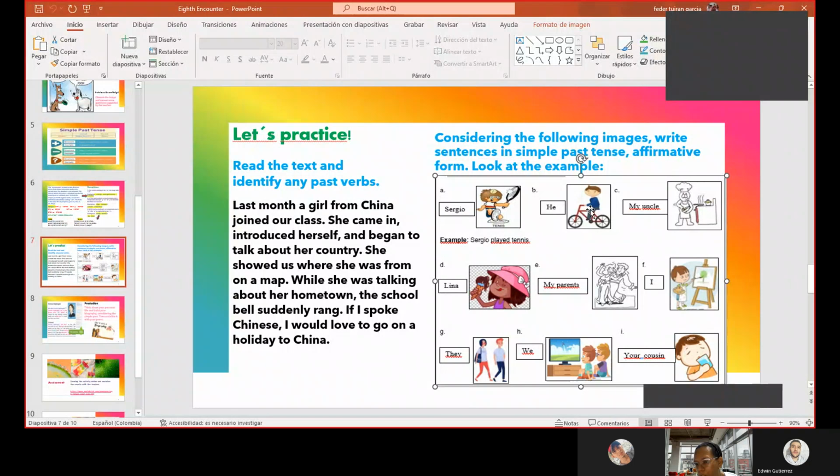I don't know if it's one person or two. You need to say what they are doing or what he or she is doing in the past form. You can see the example. Sergio played tennis.